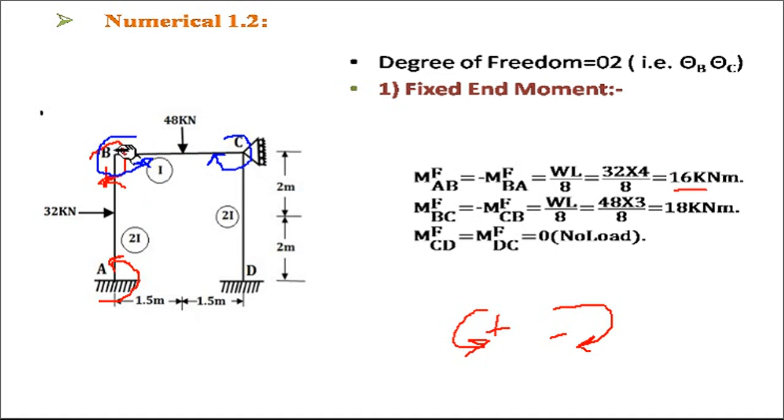The moment in BC is anti-clockwise, so positive. The moment in CB, as it is acting in clockwise direction, is negative. The value of W is 48 and L is 3, so we get the fixed moments in members BC and CB. In member CD, as there is no load acting, the fixed moment is equal to 0.